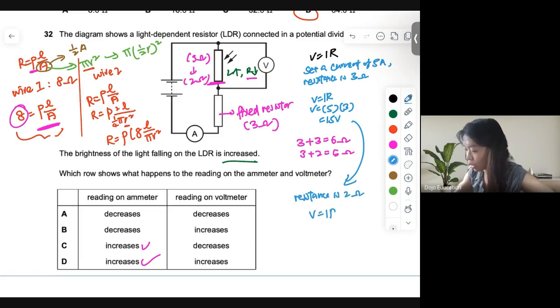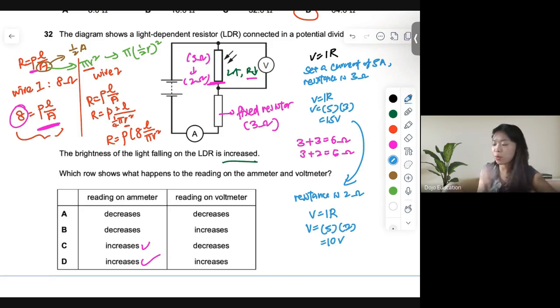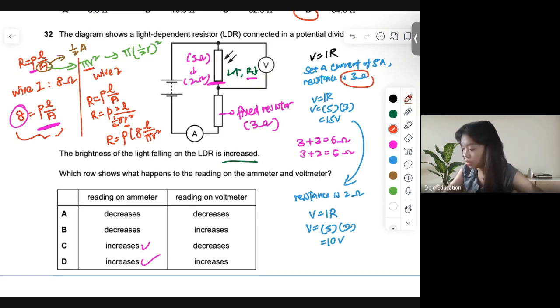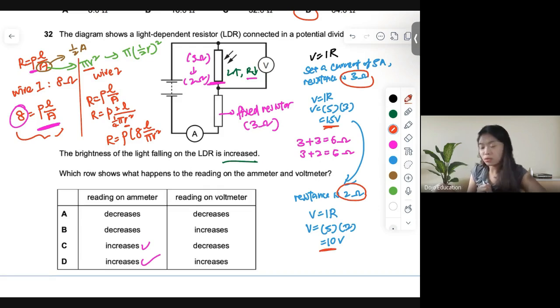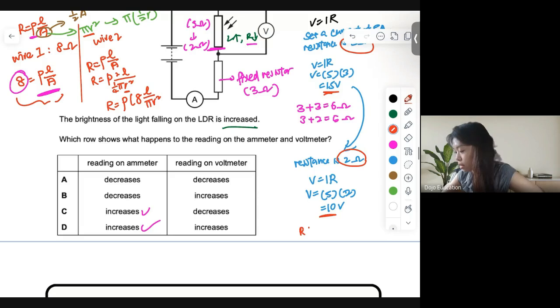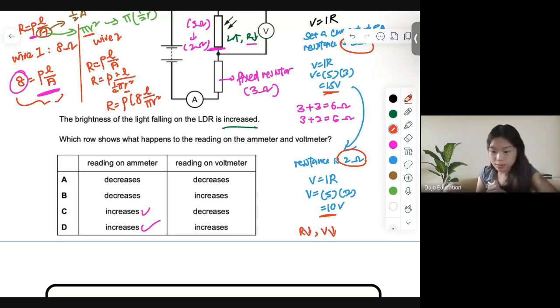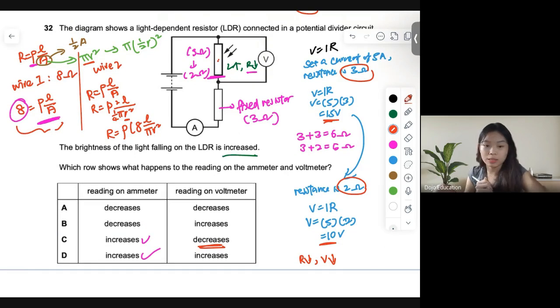V equals IR, current is the same at 5, and resistance is 2. 5 times 2 is 10, so 10 volt. You realize that when my resistance decreased from 3 to 2, my voltage decreased from 15 to 10. So when resistance decreases, voltage decreases. In this case, my reading on the voltmeter will decrease because the resistance of the light-dependent resistor decreases. So my answer will be C.